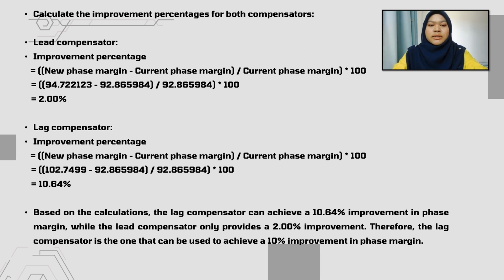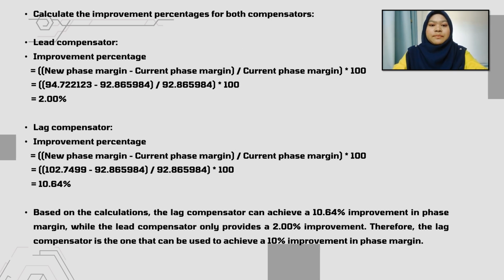Based on the calculation, the lag compensator can achieve a 10.64% improvement in phase margin, while the lead compensator only provides a 2% improvement. Therefore, the lag compensator is the one that can be used to achieve a 10% improvement in phase margin.